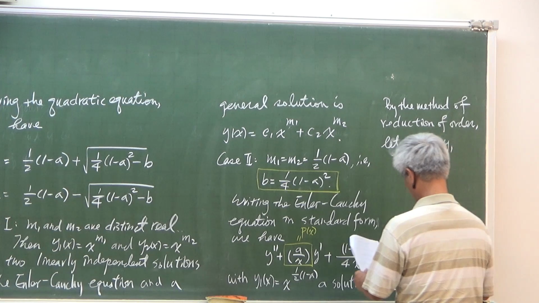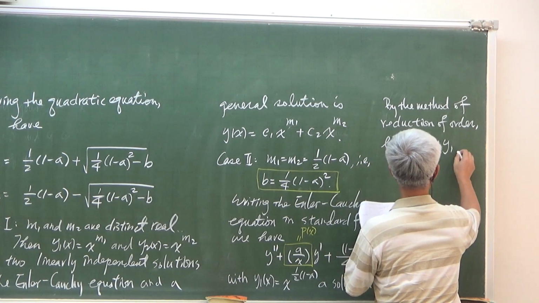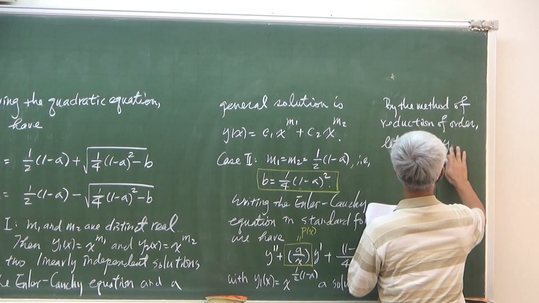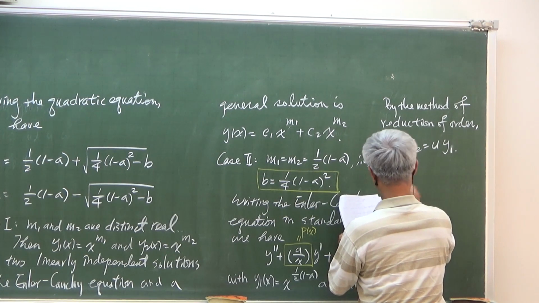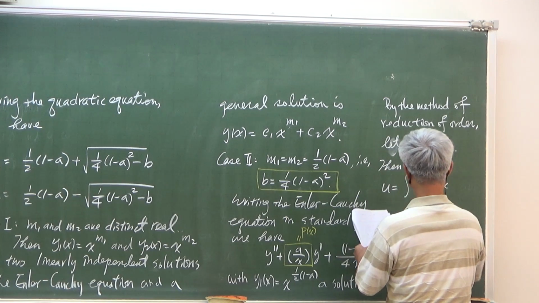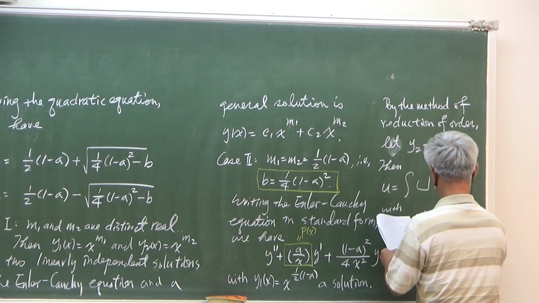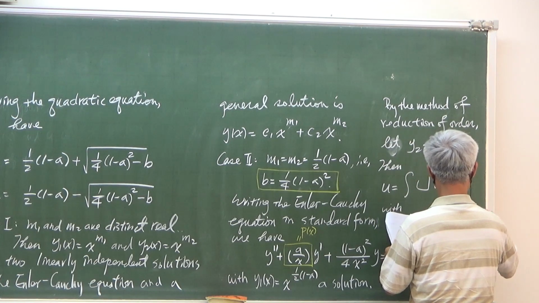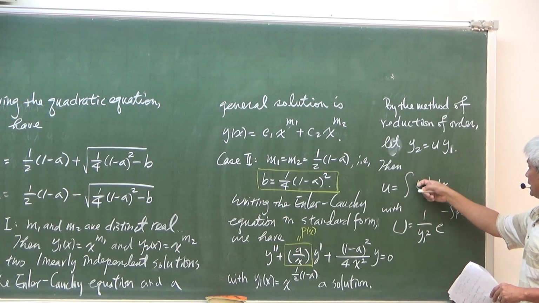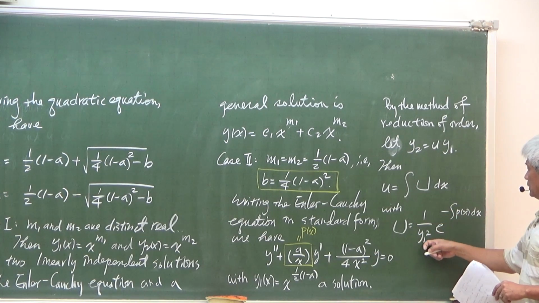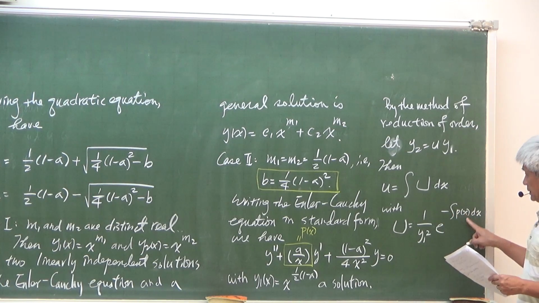So we know u is equal to the integral of capital U, and the capital U is equal to 1 over y1 squared times the exponential function of minus the integral of p of x dx.